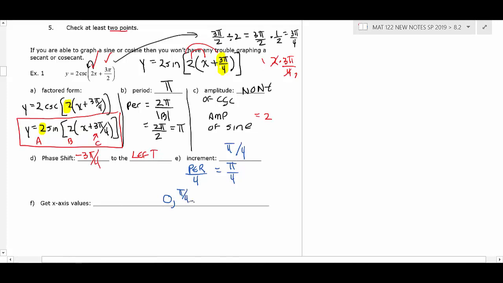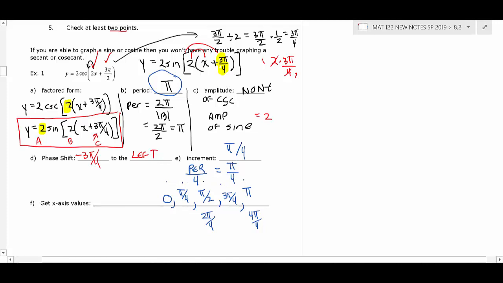So you'd have pi over 4, then 2 pi over 4, which reduces to pi over 2. Then 3 pi over 4. Then 4 pi over 4, which reduces to pi. Okay, now if you count to 5, see, we've made it through the period. The period's pi, so 1, 2, 3, 4, 5 should get you through 5 key points.